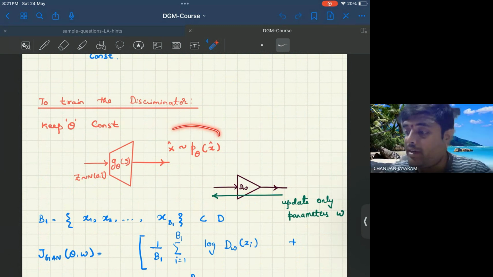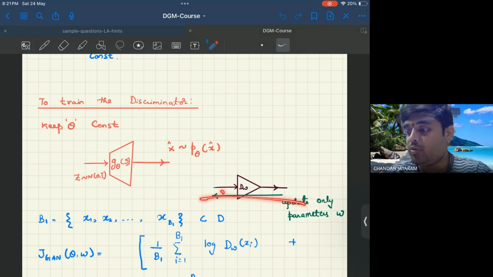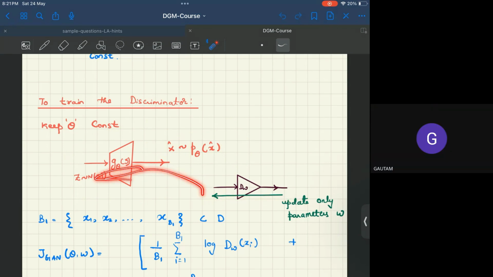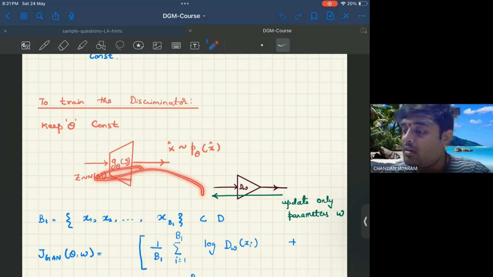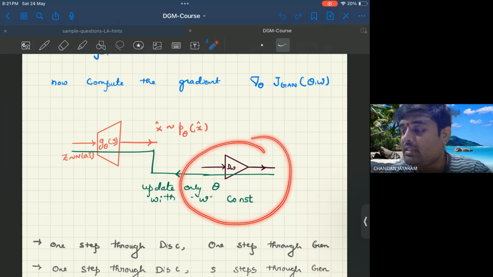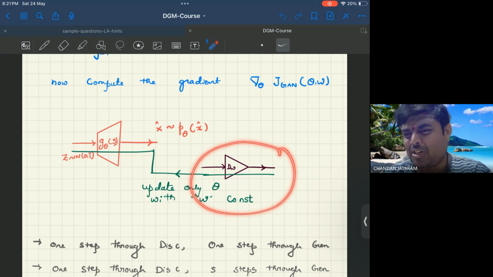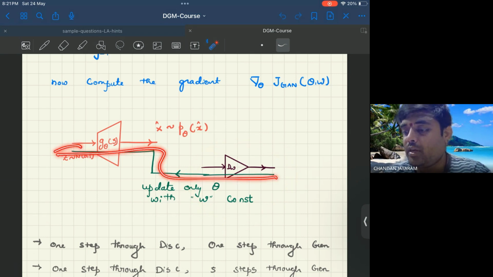You want to generate these things, and at that time you put the generator in evaluation mode, but the updation is only till here. While training the generator network, you have to go till here, keeping the discriminator weights constant. That means you keep them in evaluation mode and then update only the generator.